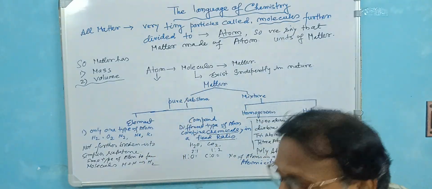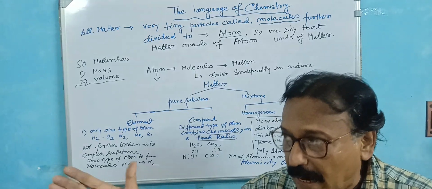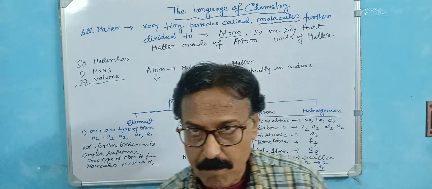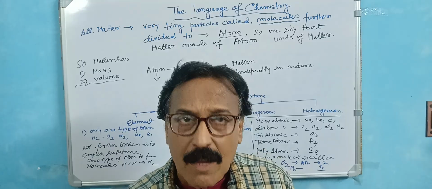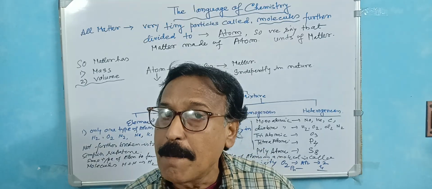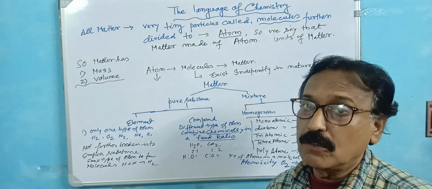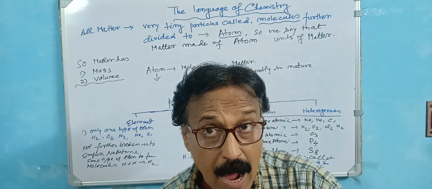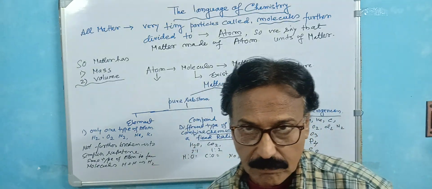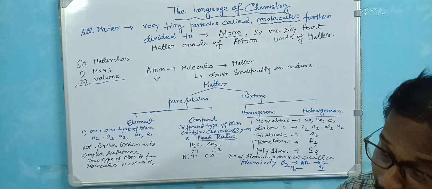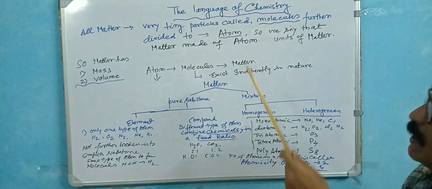So you just divide it. In case of a big building, you divide it and ultimately you get a brick. This brick forms a big building. Lakhs of bricks are combined to form a house and building. In case of lakhs of molecules combined to form a matter, a molecule is further divided and you ultimately get the atom.